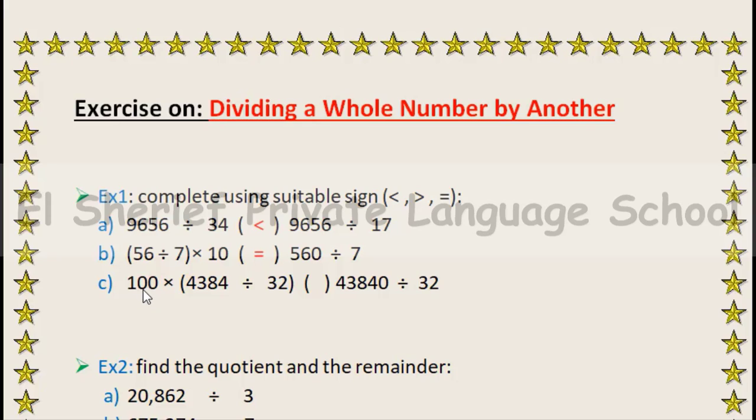Letter C. 100 times 4384 divided by 32, and on the other side, here we have 43,840 divided by 32. Okay, like the previous example. So 100 will multiply 4384.